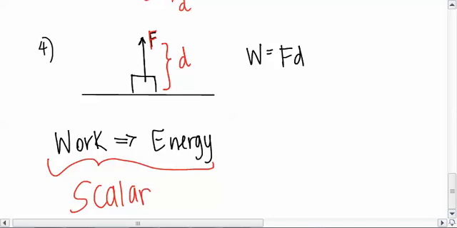How do we add scalars, just to remind you? If you have 5 joules, and then we're going to add 6 joules, how many total joules of energy do you have? 11 joules. The beautiful thing about scalars is you just add them together.